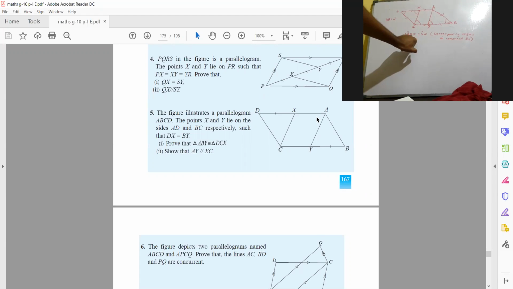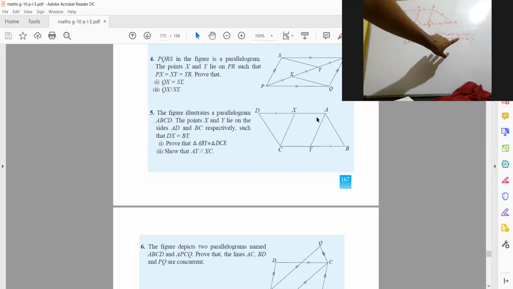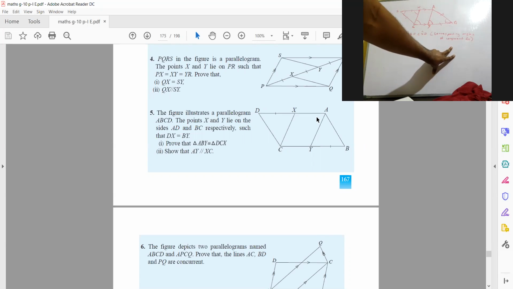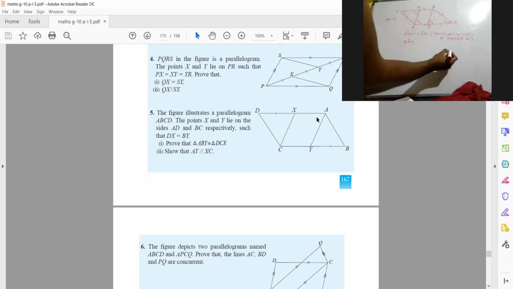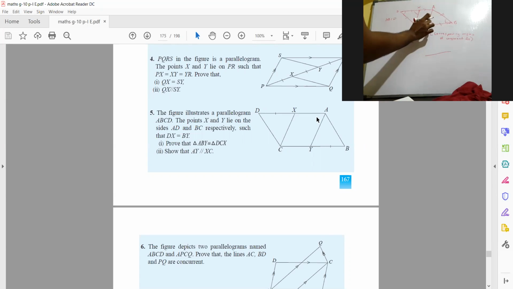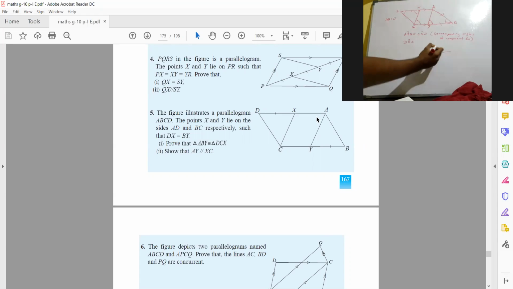We are considering the corresponding angles of a congruent triangle here, not corresponding angles of two parallel lines, like the F one. You are saying we must consider these two angles, which are corresponding angles of two parallel lines.